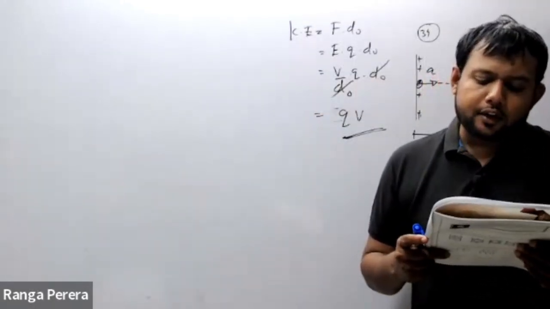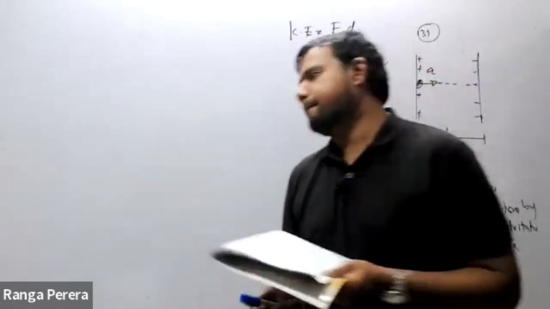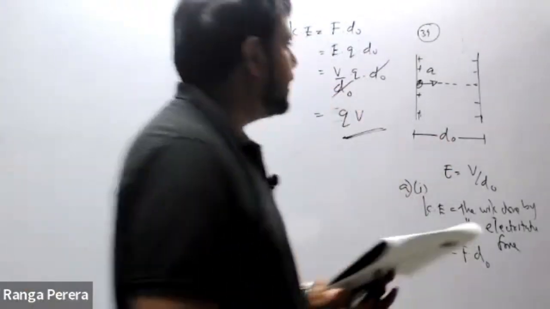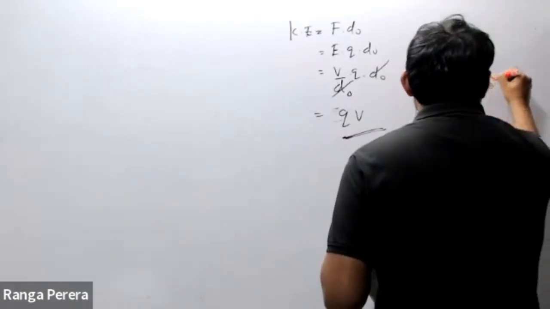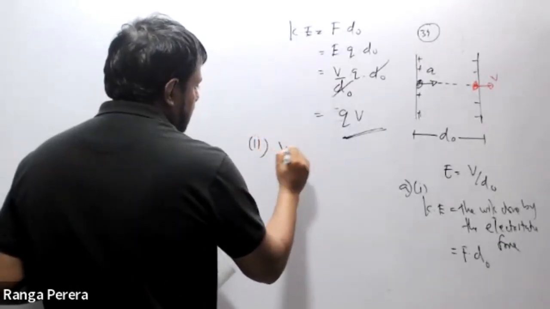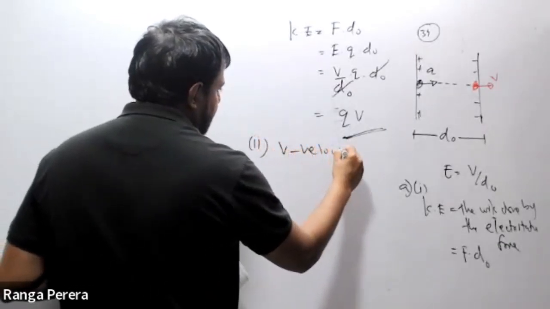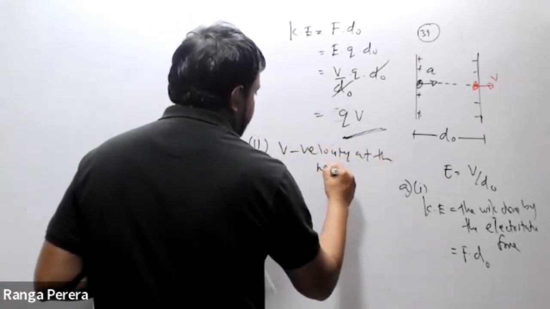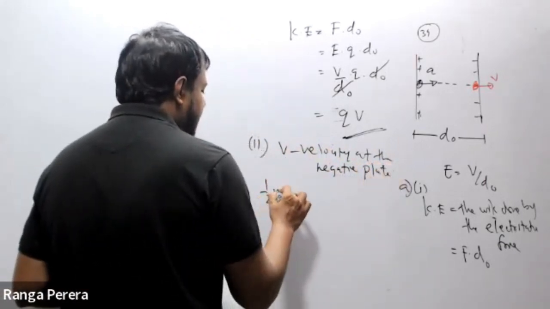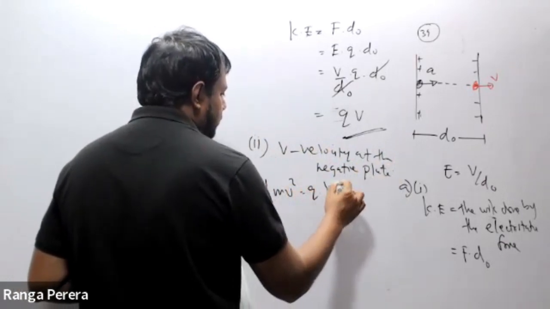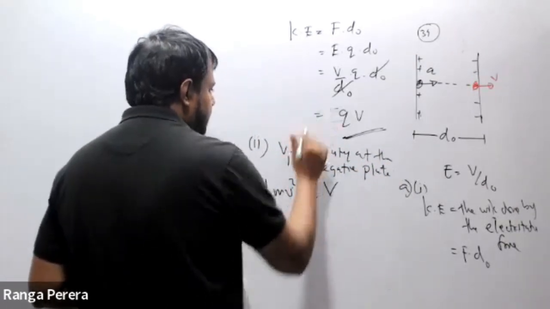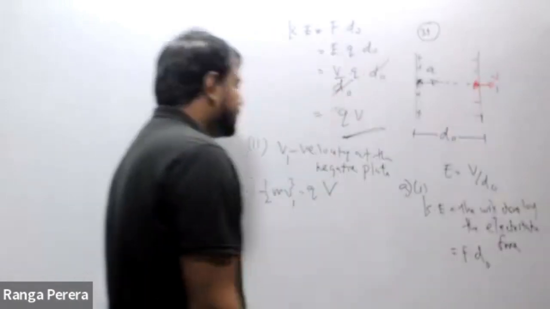Derive an expression for the velocity acquired by the ion when it reached the plate B. So how to find that velocity? Let's say the velocity when it reached the negative plate is V1, otherwise you confuse it with the voltage.